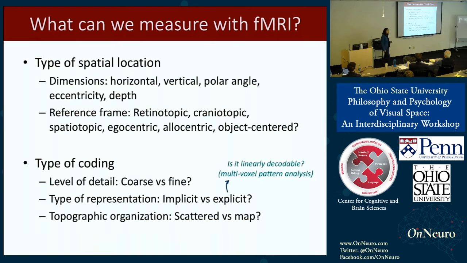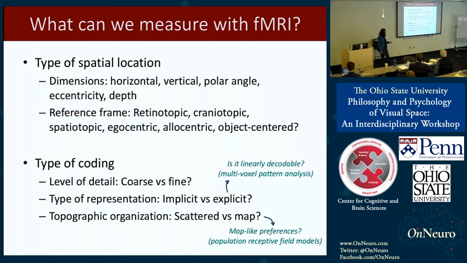Beyond that, if there are these explicit representations of different types of space, are those representations organized systematically in any sort of topographic map, or are they just scattered throughout the brain or within a given region, and so forth?